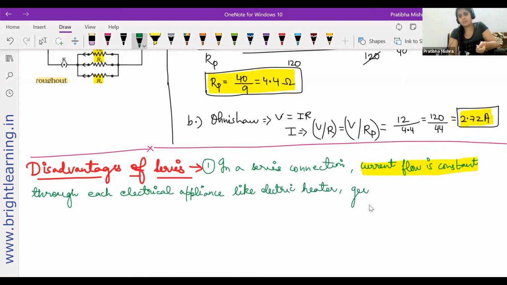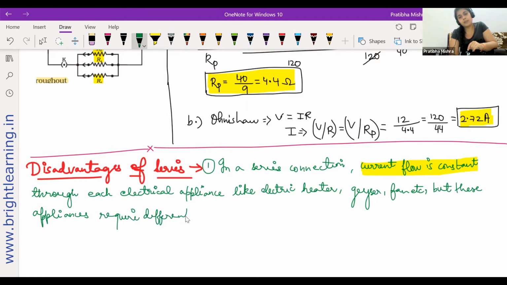Geyser, fan, etc. They require different, not just energy, I mean the electrical current. These appliances require different amounts of energy to operate.